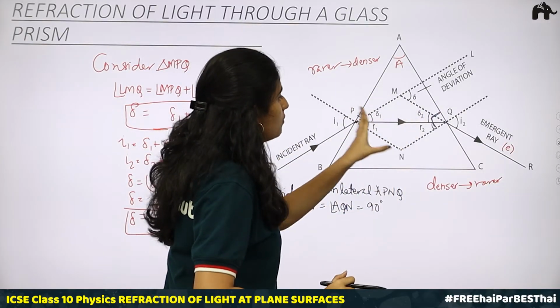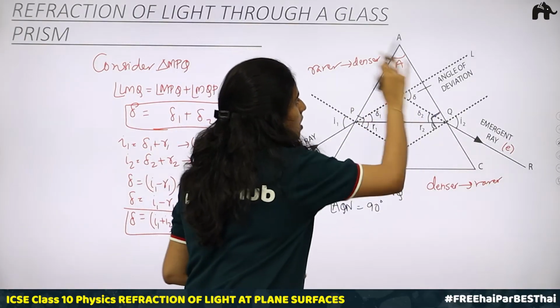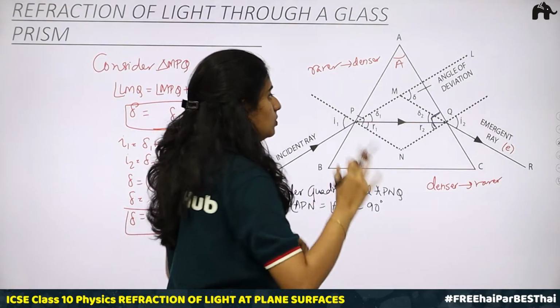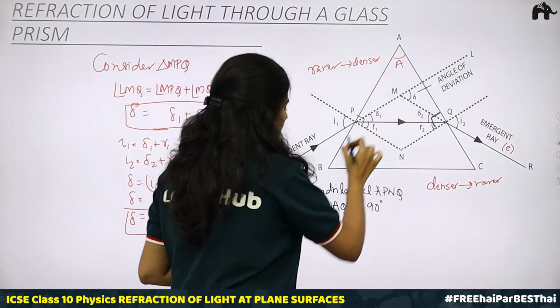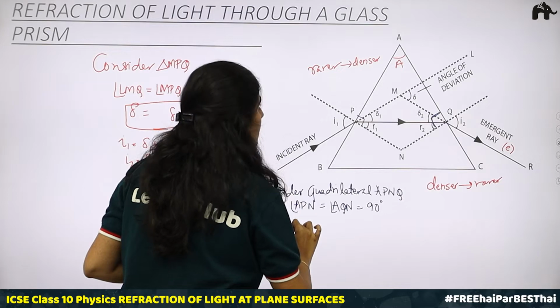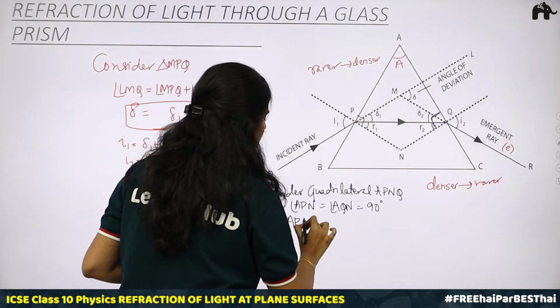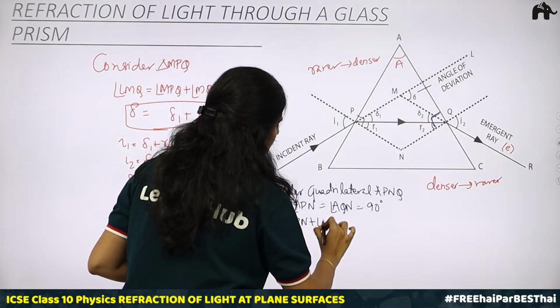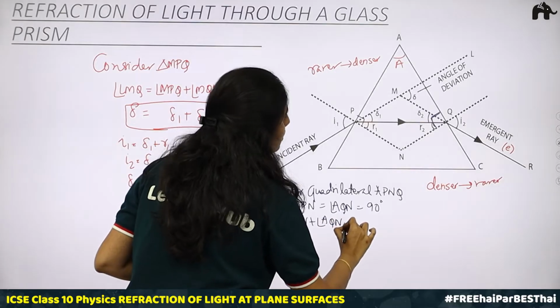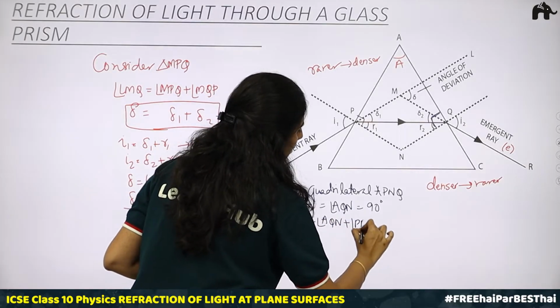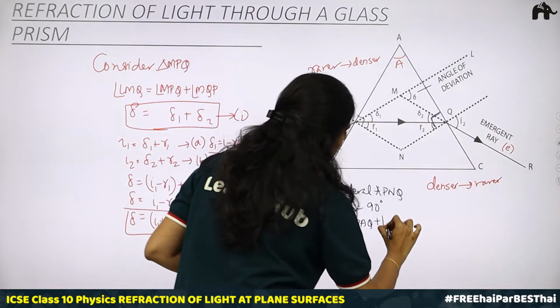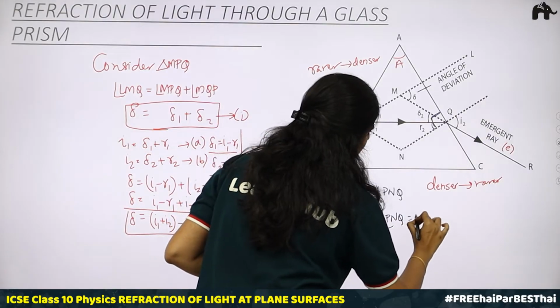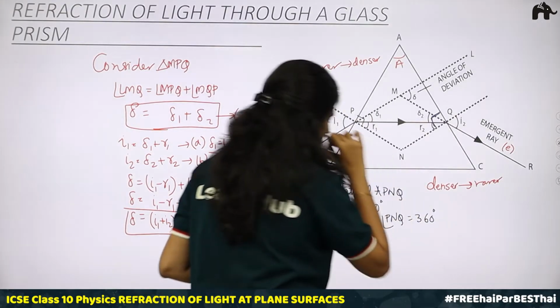We know the sum of all the angles of a quadrilateral will be equal to 360 degrees. Here we have angle APN plus angle AQN plus angle PAQ plus angle PNQ equal to 360 degrees.